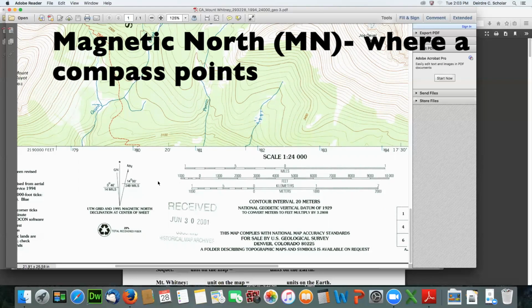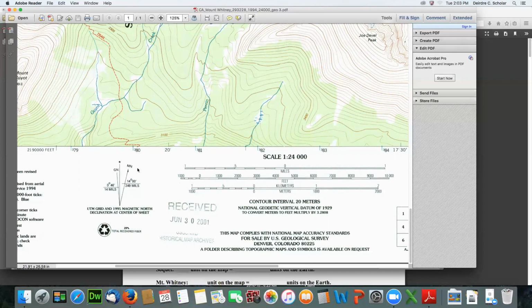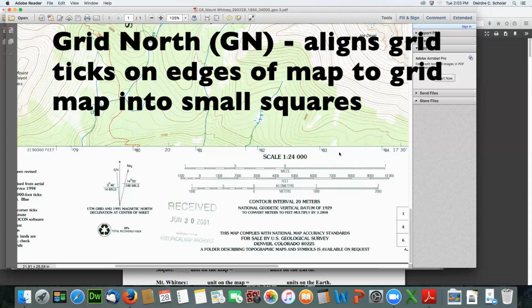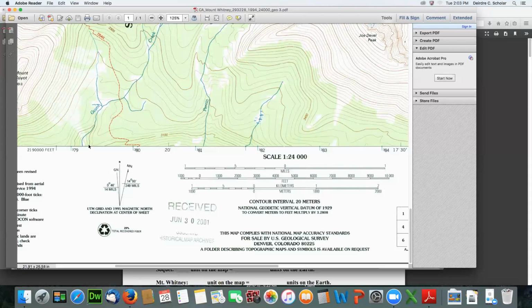So in this portion of California, a compass is going to point 14 degrees east of true north. We call this MN, the magnetic north. And then the third type of north that we've talked about is called grid north, GN, and that has to do with using these little grid tick marks on the edges of the map to actually grid the whole map if you needed to do that for a particular purpose.